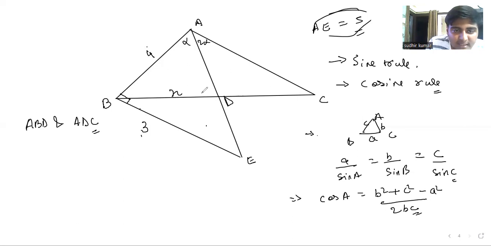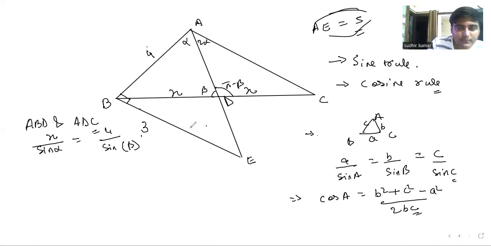So if BD is X, then DC will also be X. In triangle ABD, we have X upon sine alpha is equal to 4 upon sine ADB. Let's name the angle as beta, sine beta. So angle ADC will be pi minus beta. On a line we have 180 degrees, so the angle ADC will be pi minus beta.